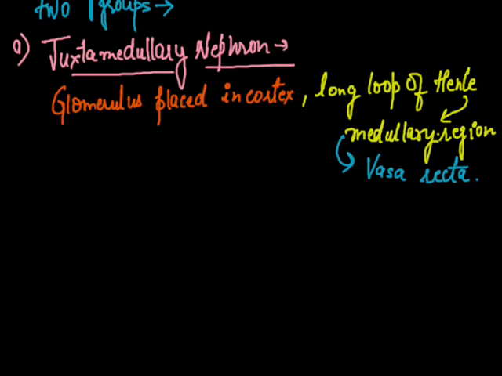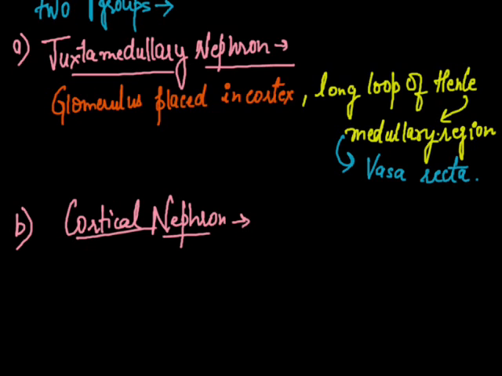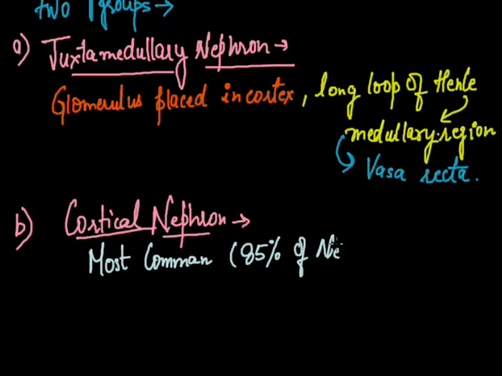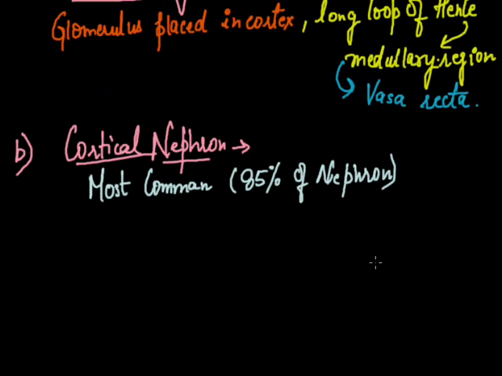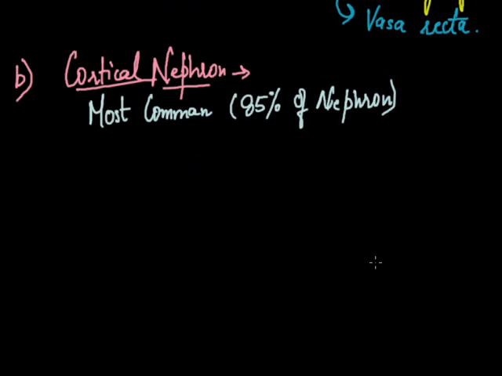Now the next is the cortical nephron. The cortical nephron is the most common nephron. It means 85% of nephrons are cortical in nature. Their maximum part resides in the cortex, while only a small part of the loop of Henle is in the medullary region.